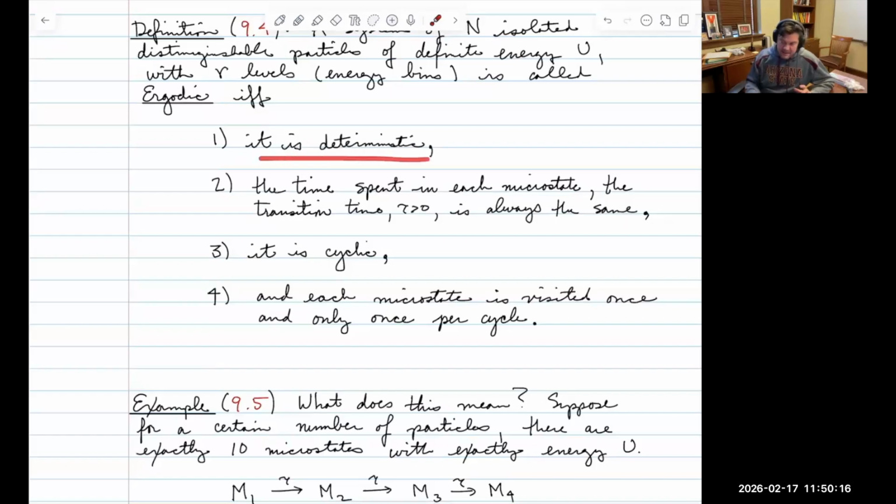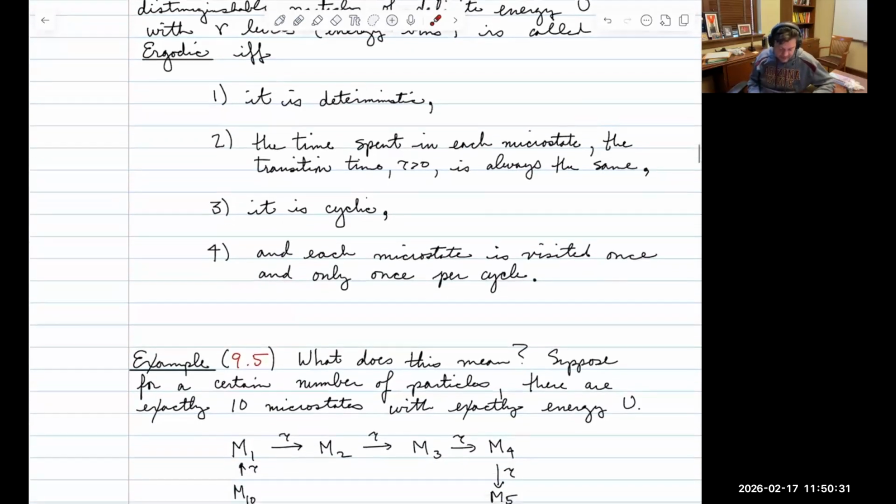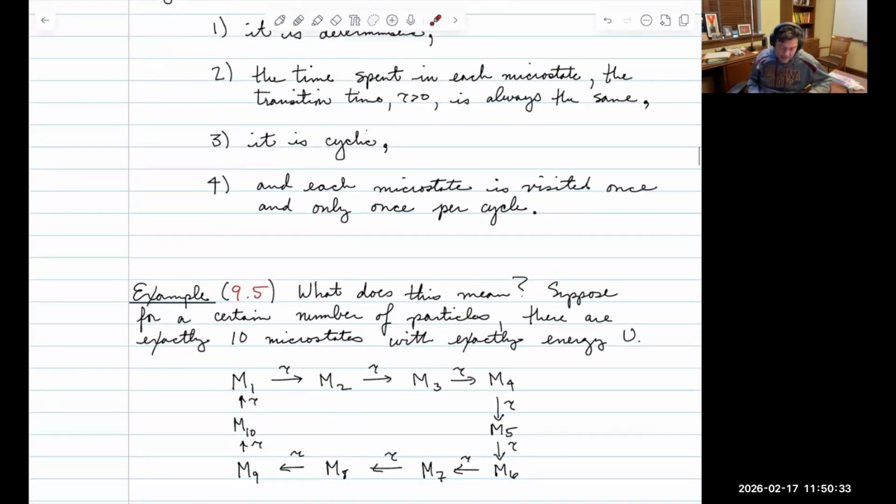The way that things transition from microstate to microstate is deterministic, but it's also cyclical. So once it gets to the end, it comes back to the same transitioning pattern. I'll show you through an example what we mean by cyclical here in a moment. Each microstate is visited once and only once per cycle through this deterministic cycle.